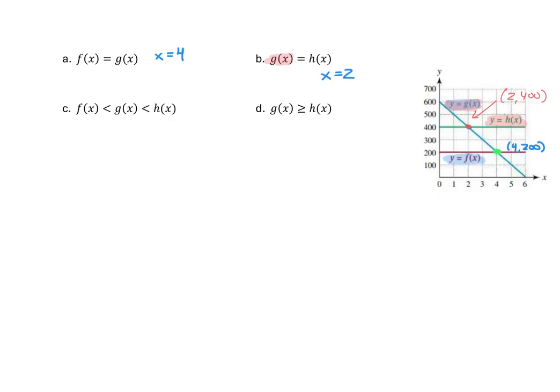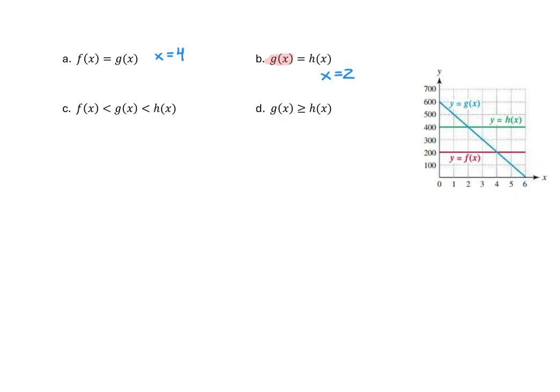All right, so now we're going to look at example C. We're going to get into our inequalities. For our inequalities, in this particular picture, we can do 3-part inequalities or 2-part inequalities. It doesn't matter. But what we want for example C is f of x is less than g of x is less than h of x.